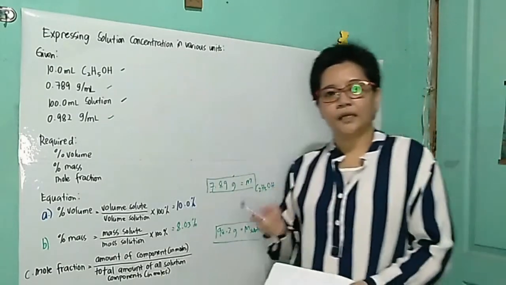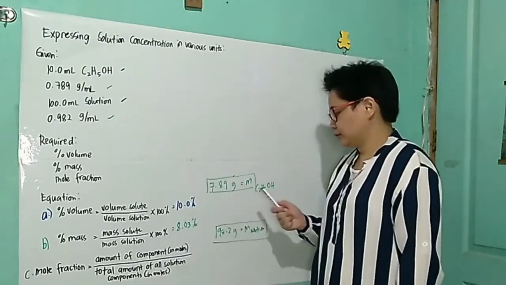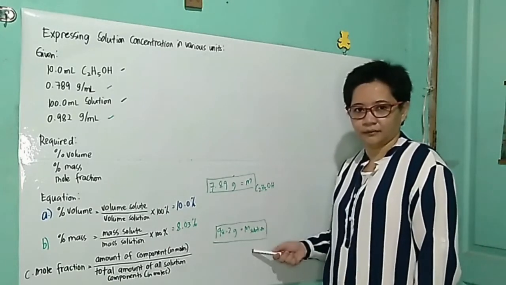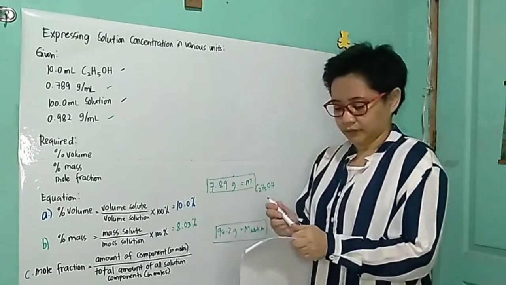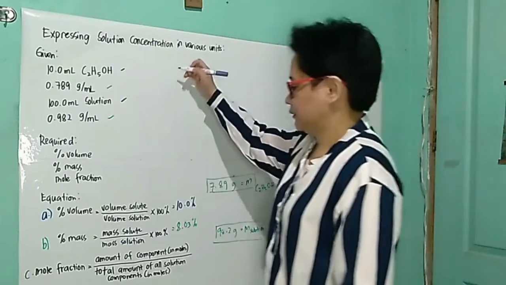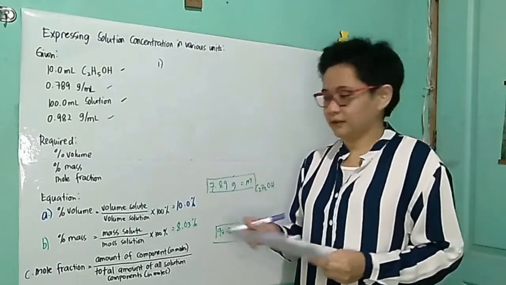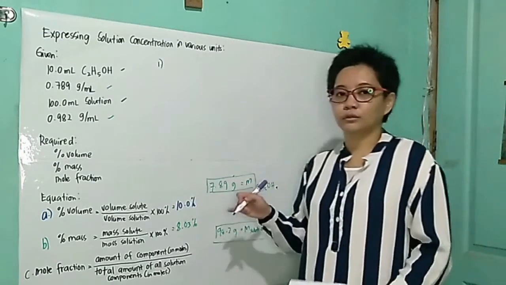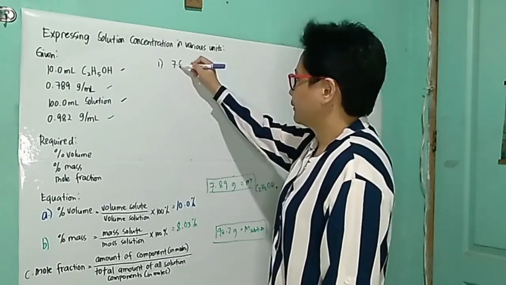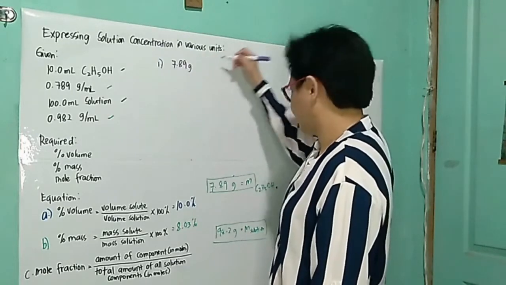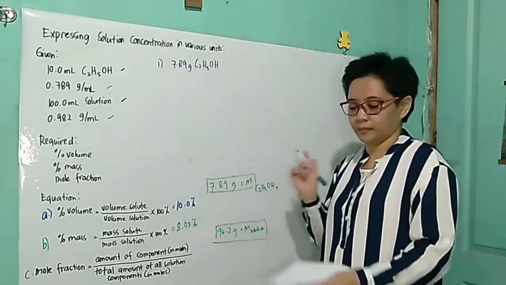Okay. Now we go to part C, mole fraction. So I left the two values in here which we will be using for the computation of mole fraction. As mentioned in your module, first we should convert the mass of ethanol, 7.89 grams of ethanol, to number of moles.